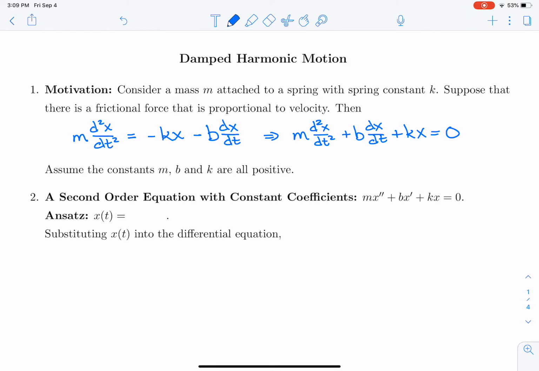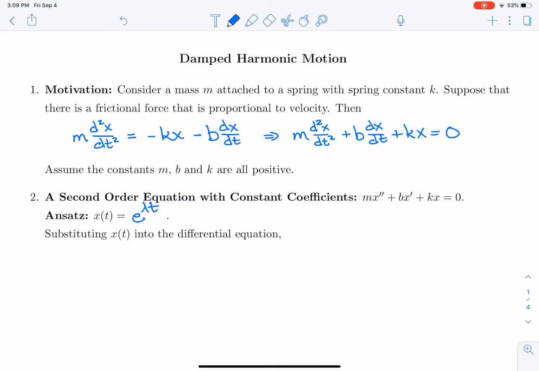So to solve this second order differential equation, I want to proceed like we did with the previous equation. And what we did was we looked for a starting point, an initial guess, and that guess was that our solution, x of t, was equal to e to a constant lambda times t.